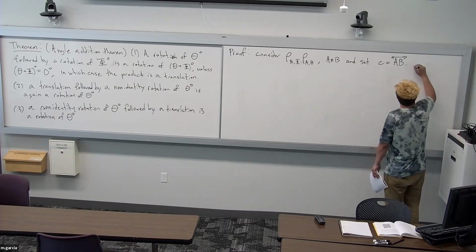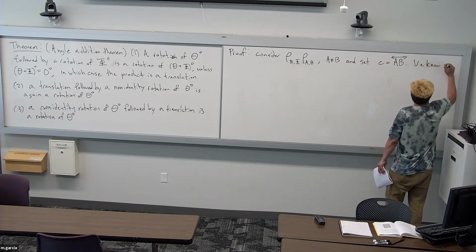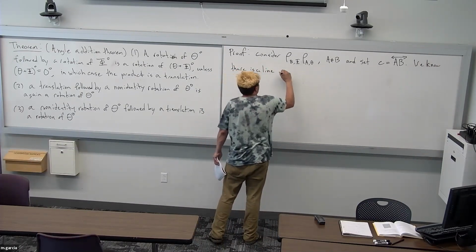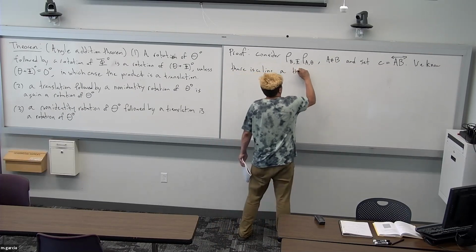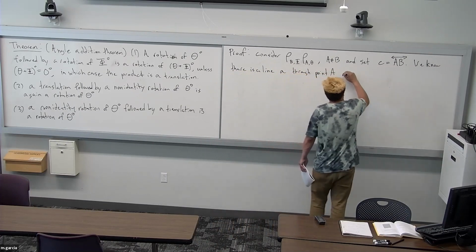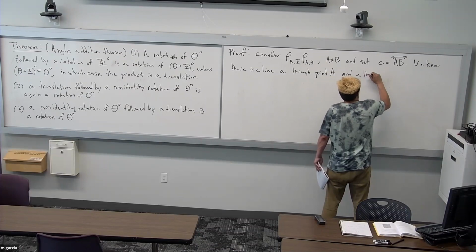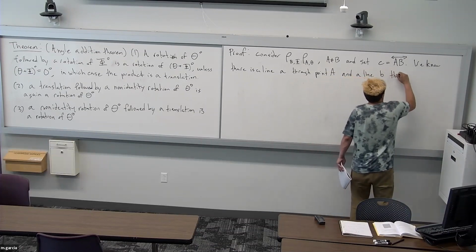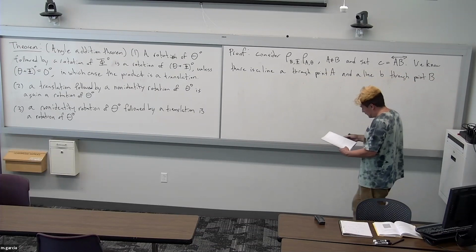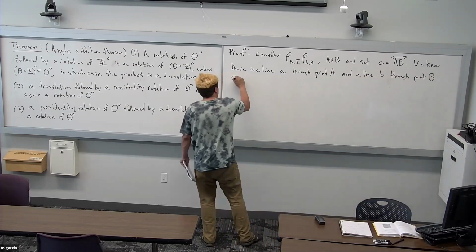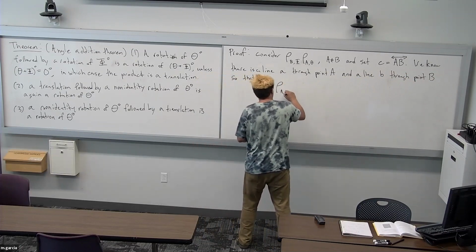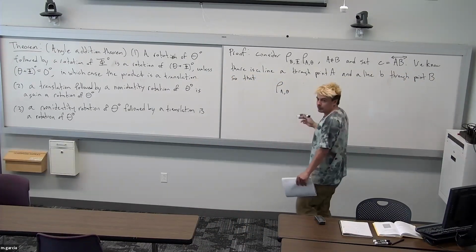And we also know there is a line A through point A and a line B through point B so that we can express both our rotations as a product of reflections, right?